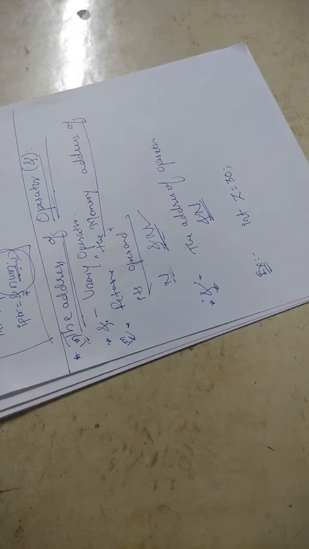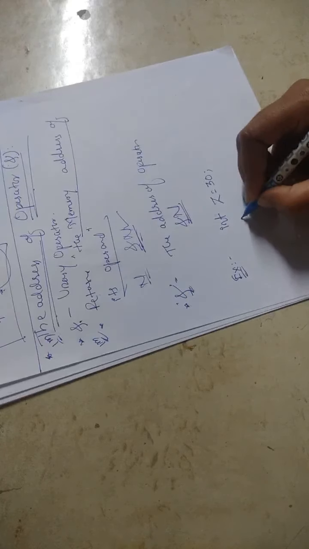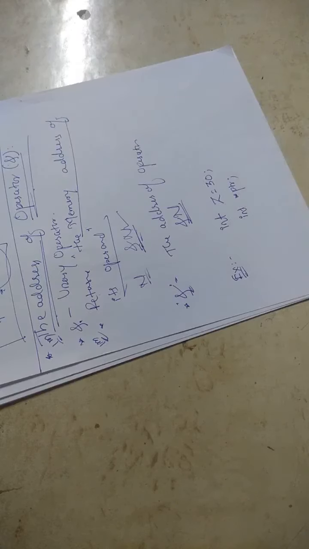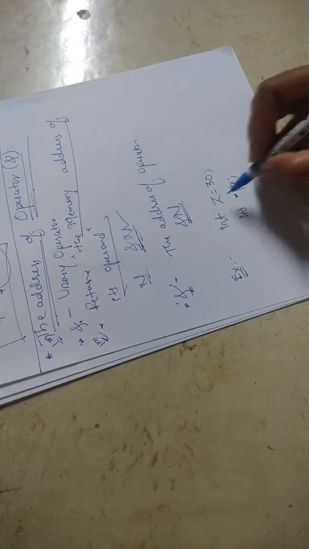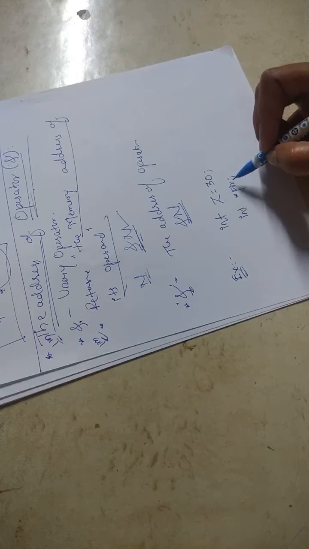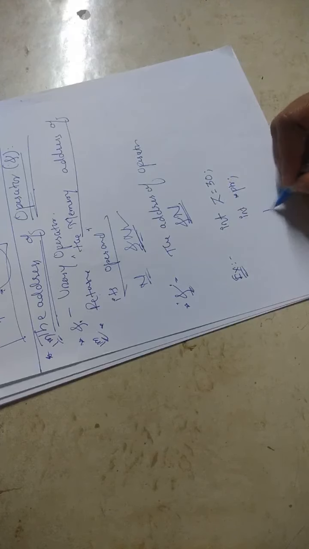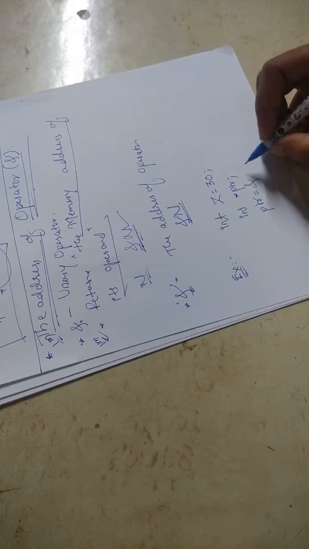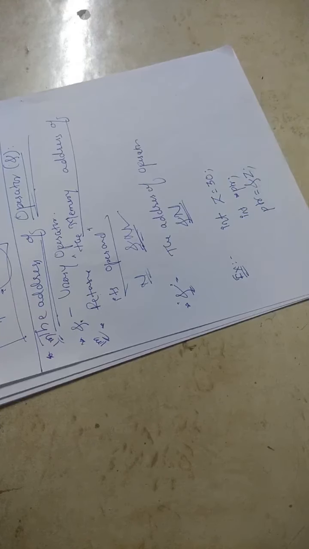Now as we are dealing with pointers, the pointer variable has to be declared: int *ptr. A pointer variable has been declared. Now we have to store the address of z in ptr. So how to write that line? ptr = the address of operator, don't read it as ampersand, and the variable z. Done. Now here we have used the address of operator.